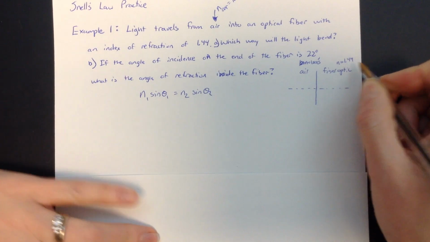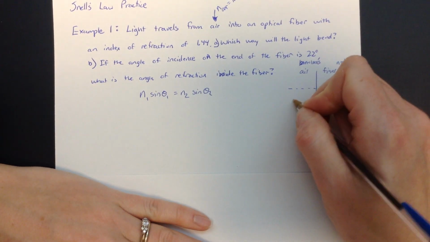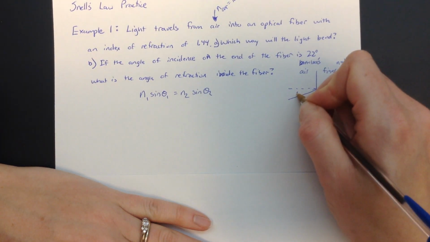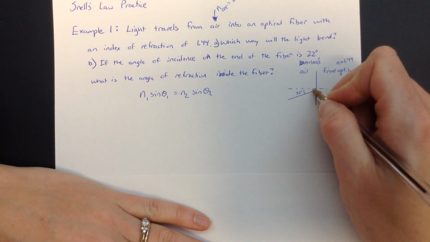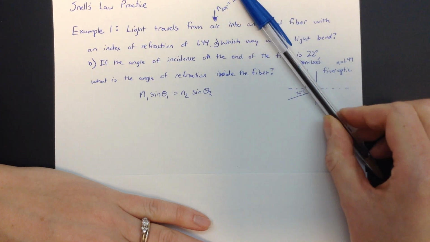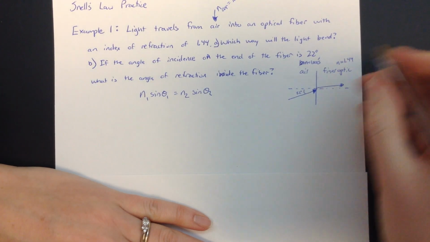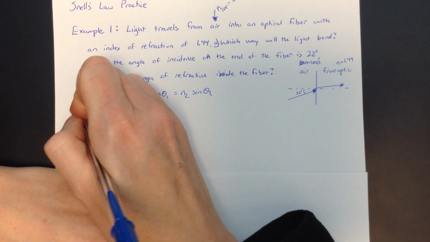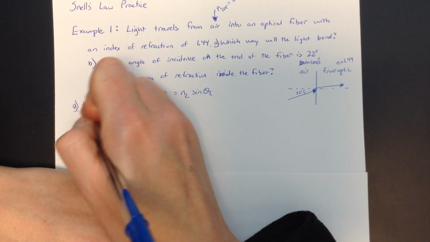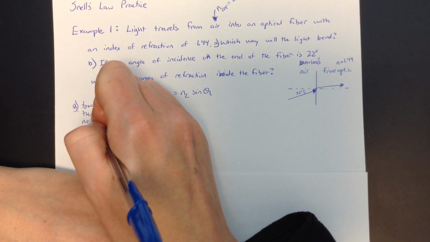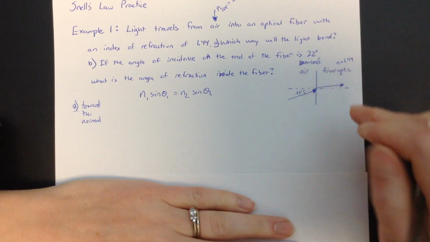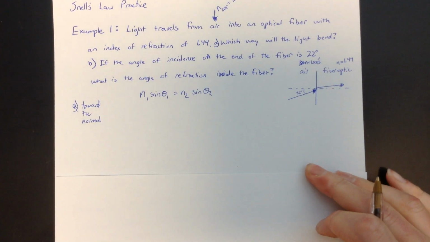That means I'm going to a bigger N. So when my light comes in at 22 degrees, it's going to slow down, which is going to make it bend toward the normal. Okay, so that's the answer to question A. A is toward the normal. Which way will it bend? It will bend toward the normal.